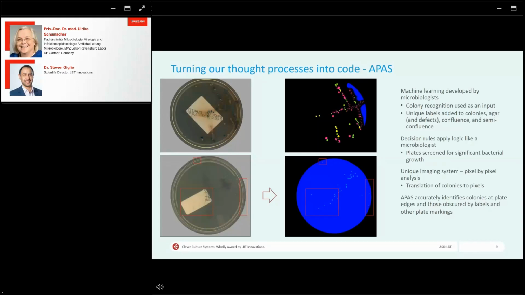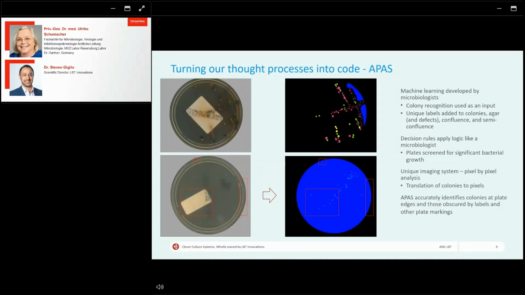Moving to the top right, this is essentially like Photoshop. We paint the dots. We call these labels. These are unique labels to different types of colonies. So this is now us training the algorithm. And different colors mean different things because they're different colonies. There's a fair bit of logic that goes around how we do that, and the decisions for what a colony is or what is confluence or semi-confluence. And this is all driven by the microbiologists. So we work quite closely with software people to do this.